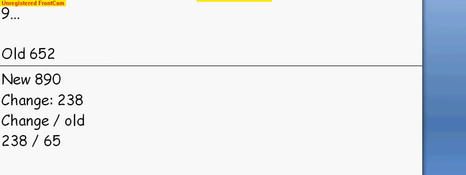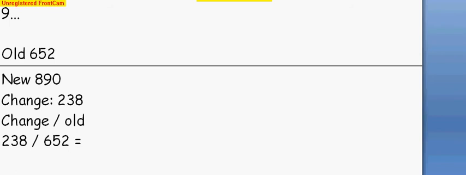So to find the percent change, that's what they're asking. They're asking for the percent increase or decrease. Okay, so to find that, we have to do the change over the old. So the change was 238 divided by the old number, this guy over here, 652.